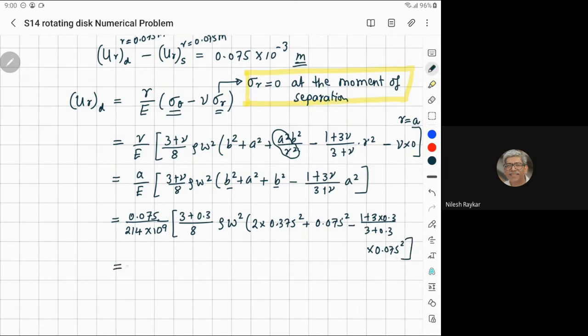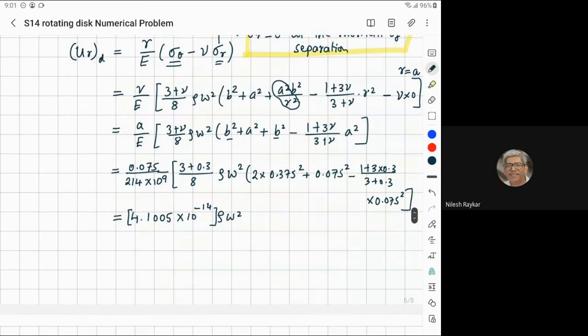So this will get it as 4.1005 into 10 to power minus 14 rho omega square.